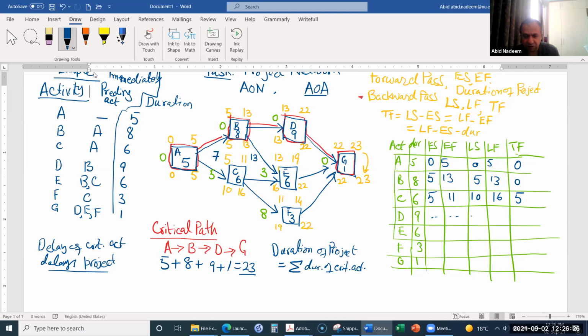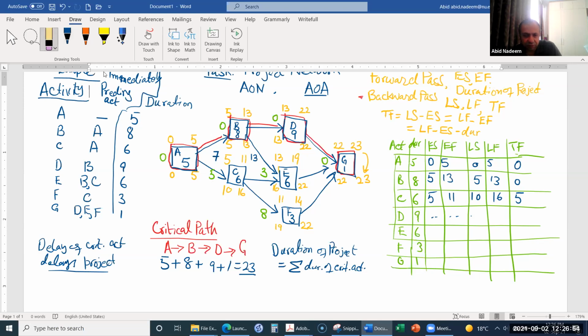Okay. So since the new time is 13, the next activity is already at 13. So it is not going to affect the next activity. And then the following network node will not be affected, and the project is going to finish on 13 days. So this delay on the non-critical activity will not delay the project.